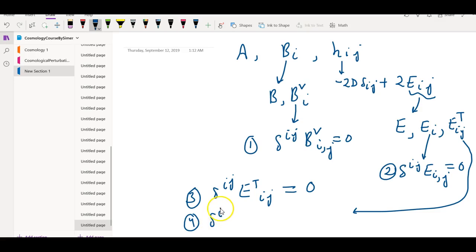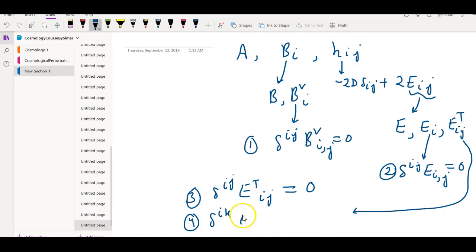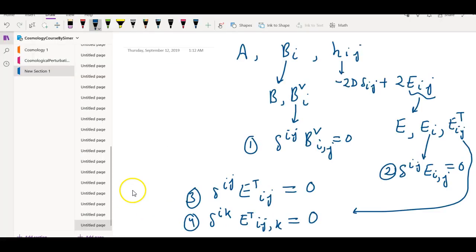Delta^ik E^T_ij,k is equal to 0. Is this correct? Yes. This makes it transverse.